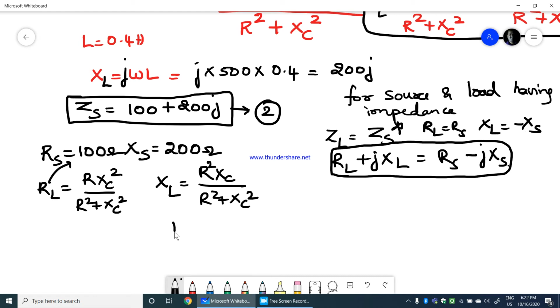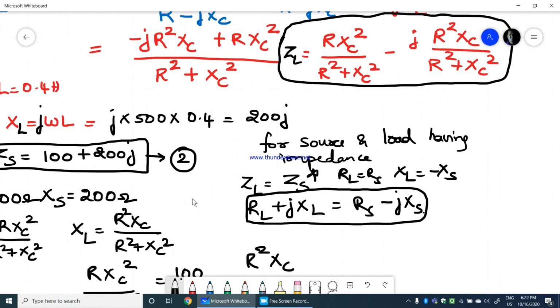So I'll say RL equals RS. What will I get? RXC square by R square plus XC square equals 100. Then XL equals minus XS.